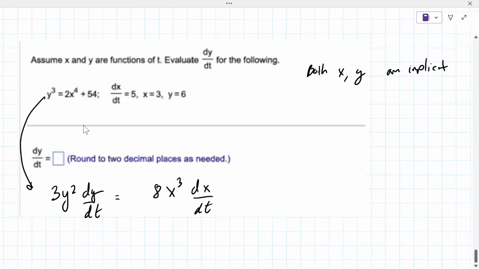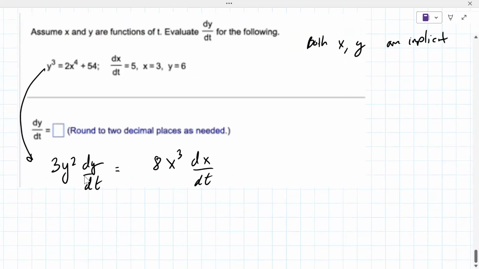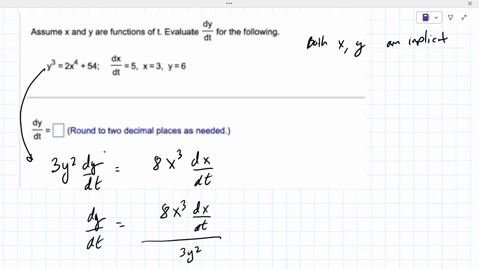So now we're solving for dy dt. So dy dt is 8x cubed dx dt divided by 3y squared. So your x is 3, so it's 8 times 3 cubed. Your dx dt is 5, and your y is 6.